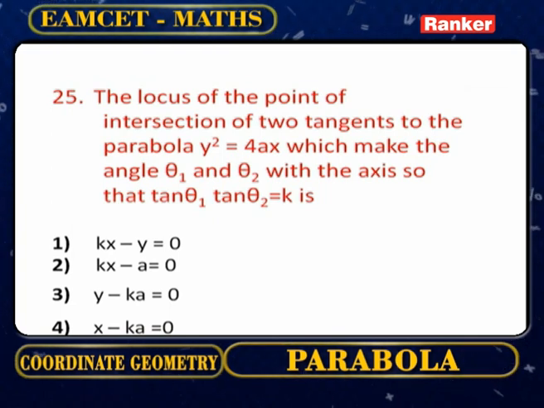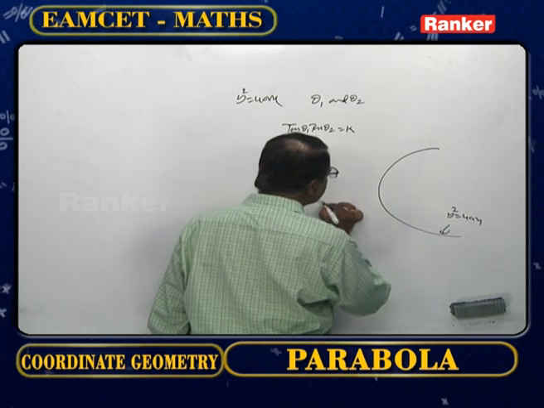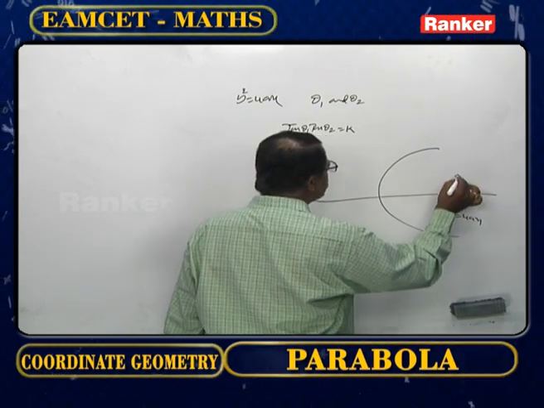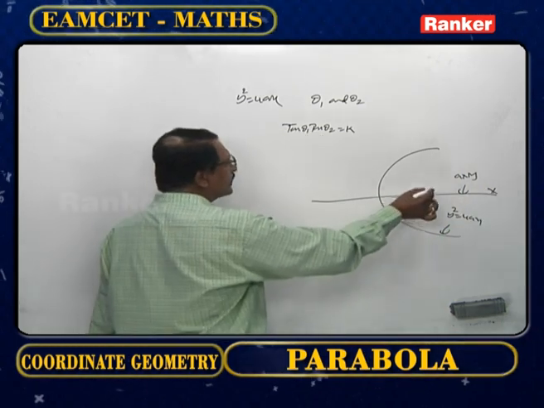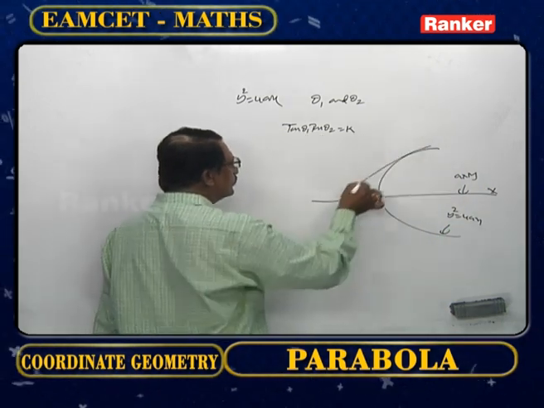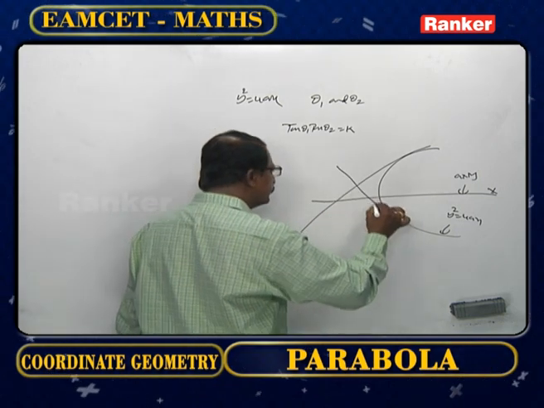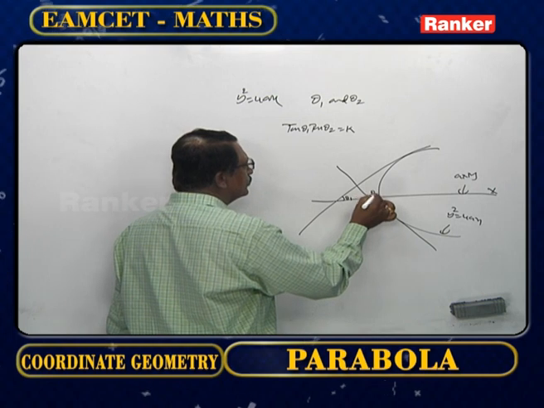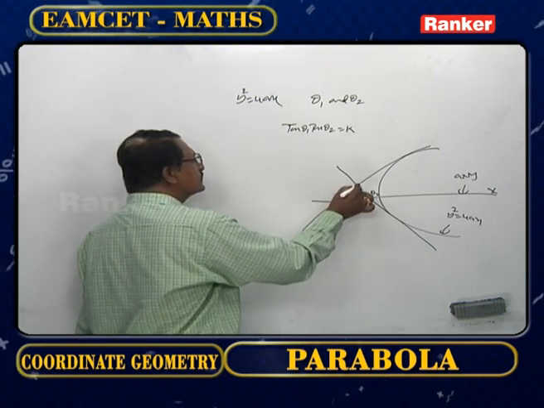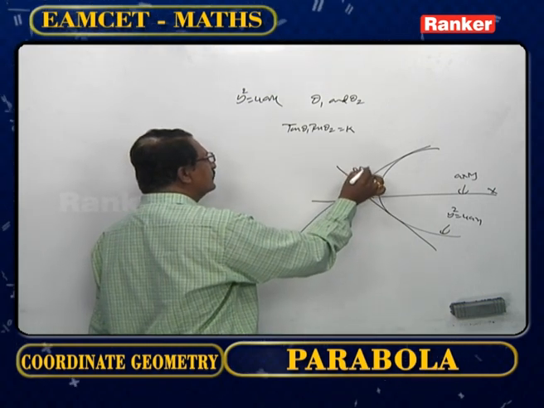Now, parabola y² = 4ax. The axis of the parabola is the x axis. Now, the tangents make angles theta 1 and theta 2 with its axis. Required is the locus of the point of intersection of these tangents.